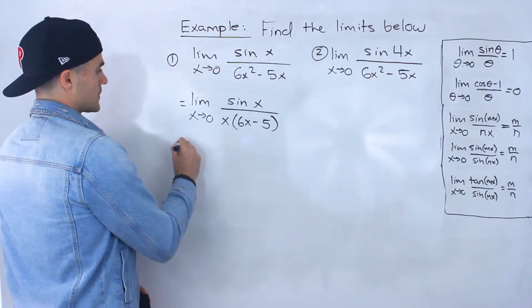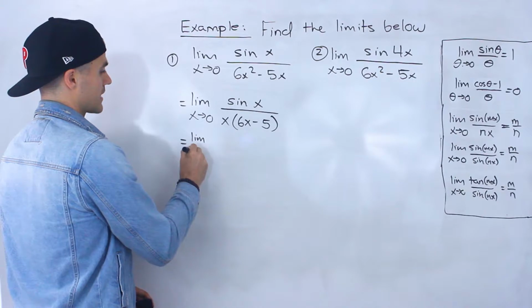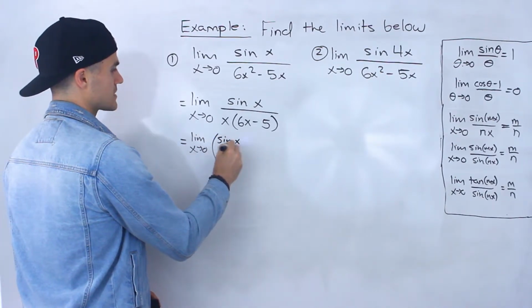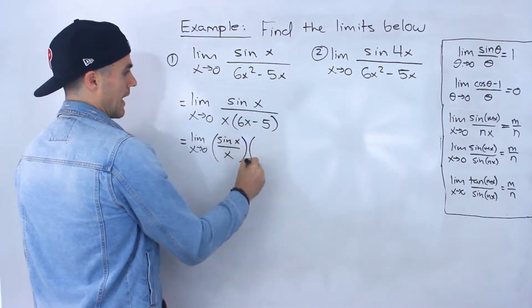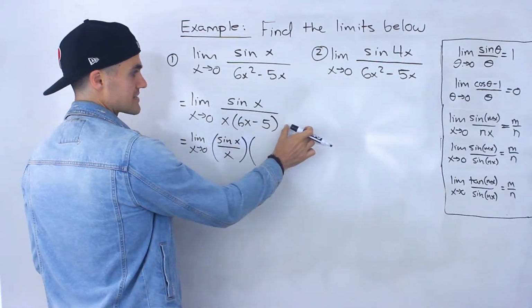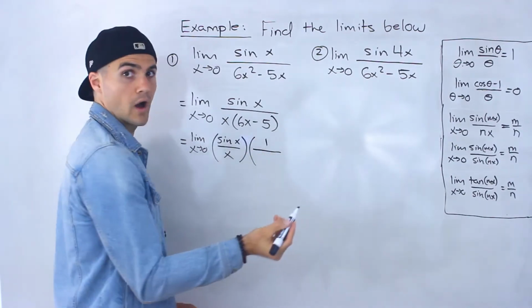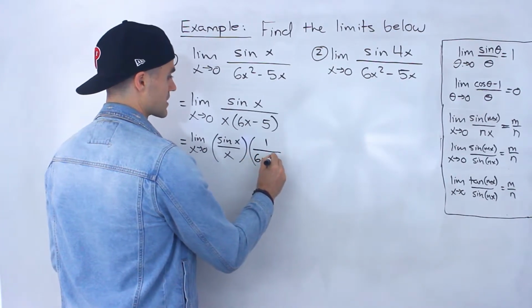Now we can create two expressions here. We'll have the limit as x approaches 0 of sine x over x, and I'm going to put this over that. Then this I'm going to create as its own separate expression. Since it's in a denominator, there's going to be a 1 in the numerator, and I'm going to put 6x minus 5.